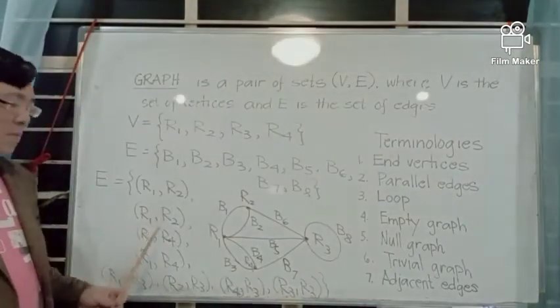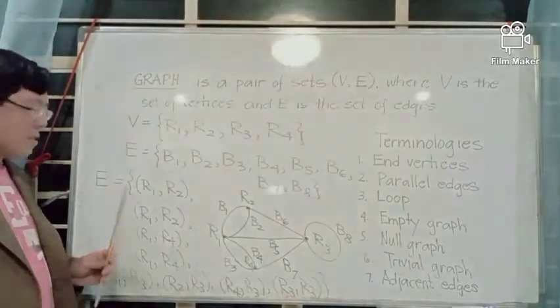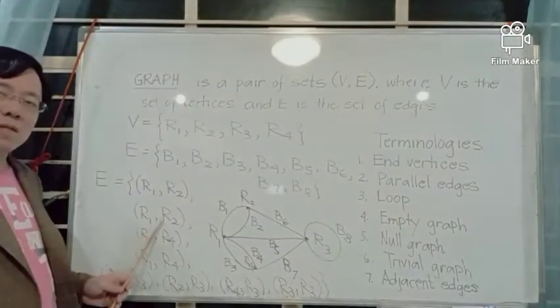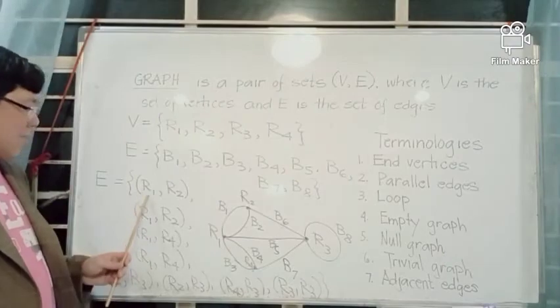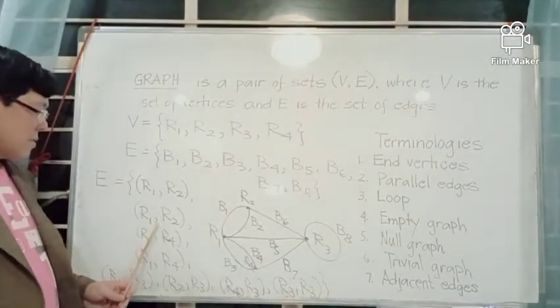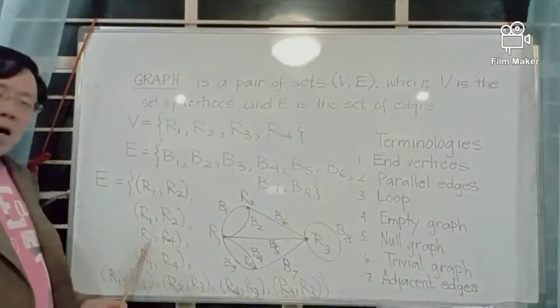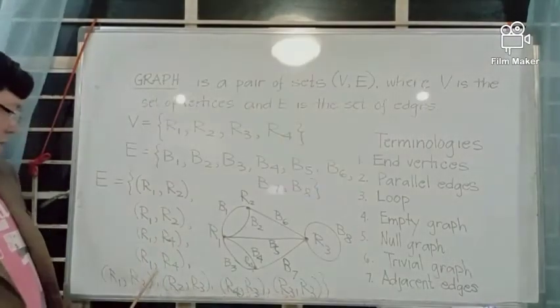Now you can see from this set of edges that a pair is repeated. Like the pair R1, R2 is repeated twice. The pair R1, R4 is repeated twice.